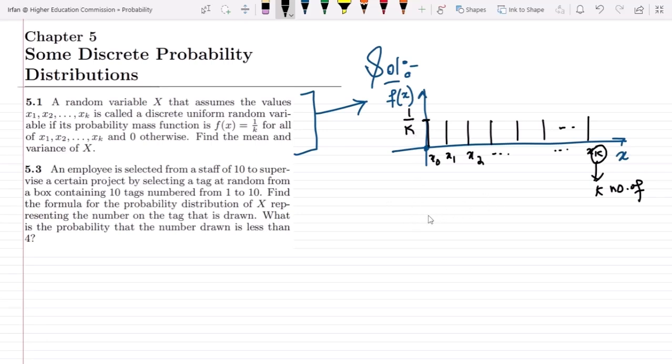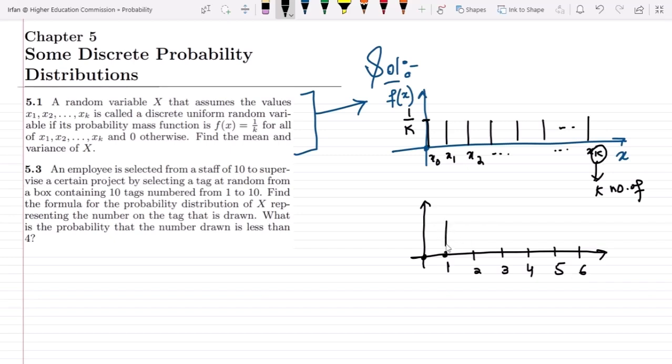One example of it is a die in which all elements are basically what? Let me first draw it. Okay, so here we will have 1, 2, 3, 4, 5 and 6.